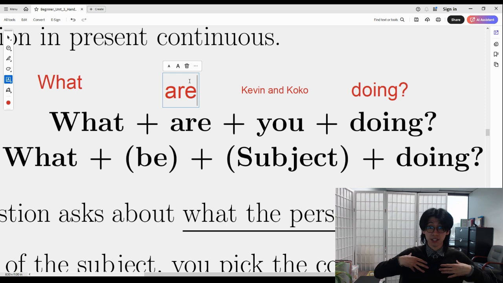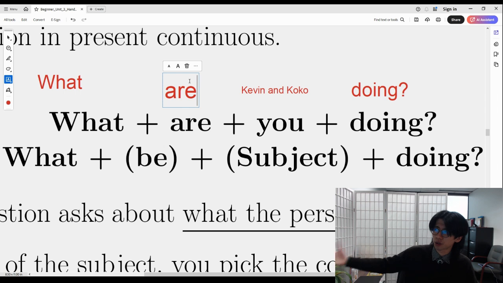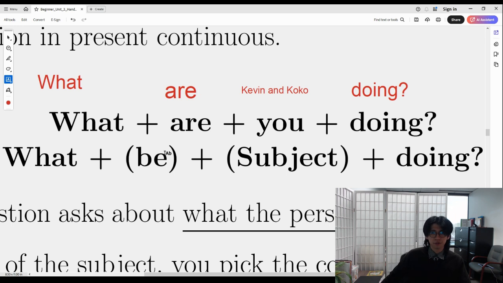So Coco, myself here, and Kevin, someone else over here. Kevin and Coco are, what are they doing? So the question that we have over here with this structure is, what are Kevin and Coco doing? Okay? How simple is that? That's how you want to make a question.